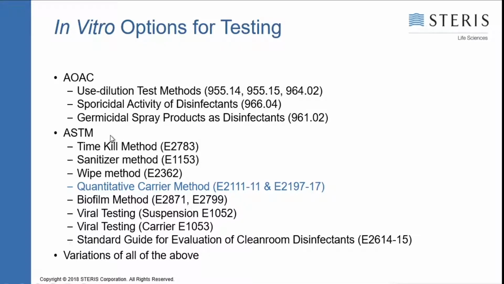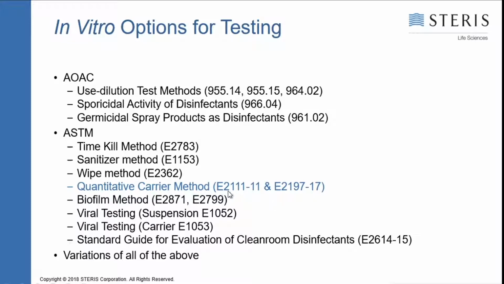However, when you validate these products for your clean room or controlled area, one of the key methods that's utilized in the US and Puerto Rico, and it's even used in parts of South America, would be the ASTM quantitative carrier test method. And the method typically employed is E2197-17, which uses little 1 centimeter coupons.